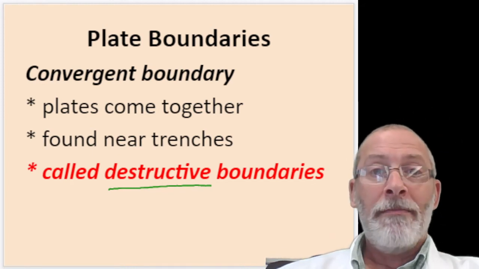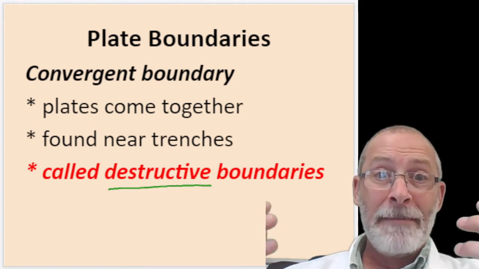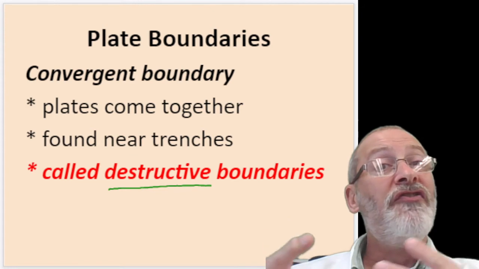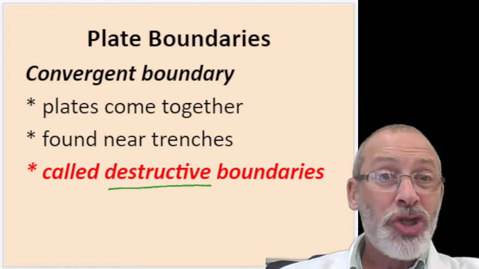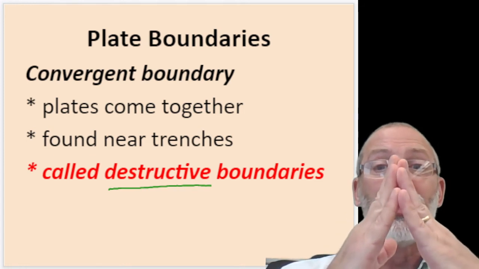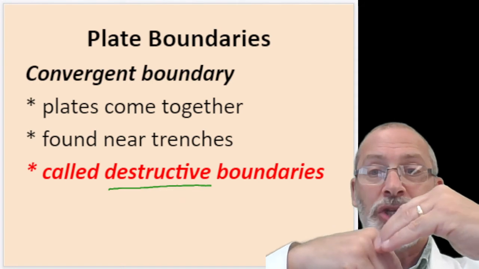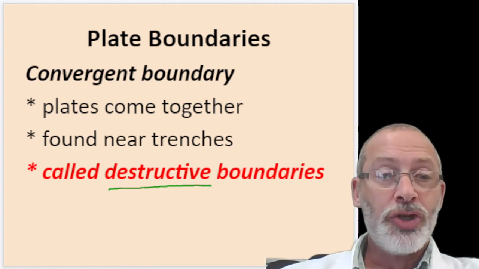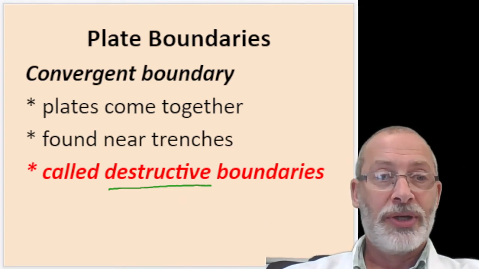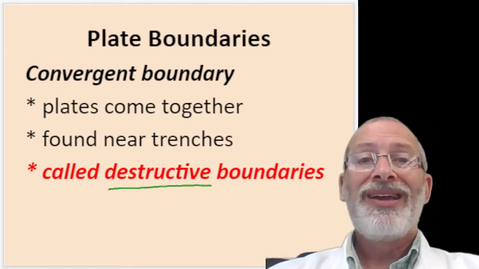As you move plates closer and closer together and they merge together, they converge, they're destroying one another. Whether they destroy one another in the formation of mountains or they destroy one another in the formation of trenches, there's just less plate material. So that's the second type of plate boundary, convergent.